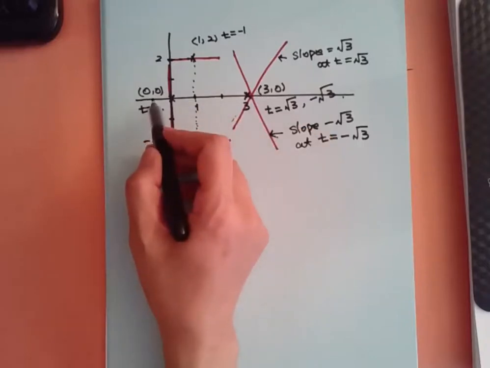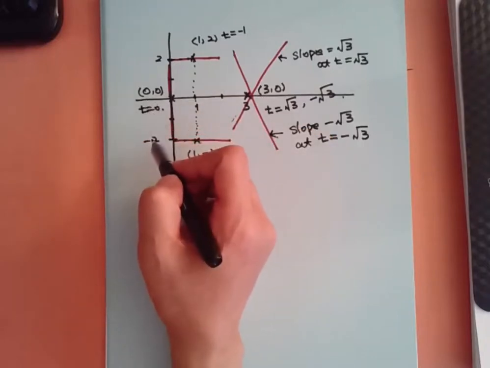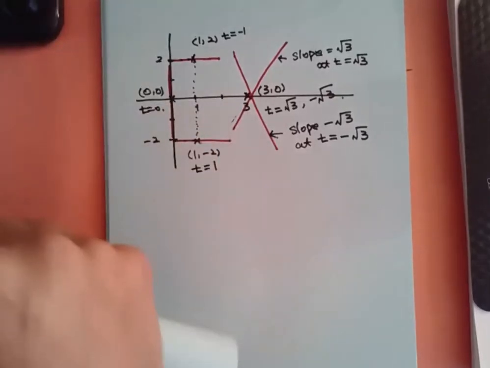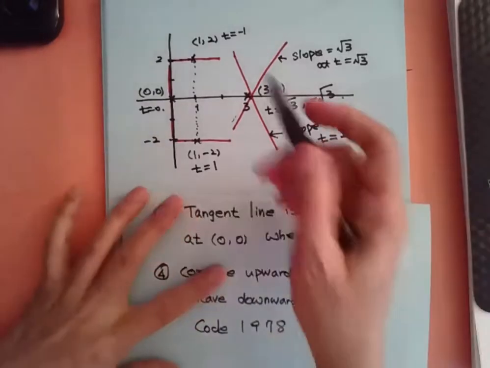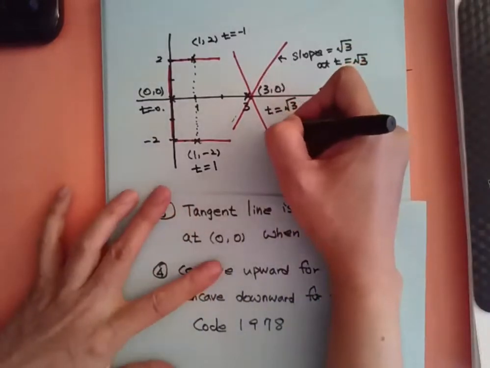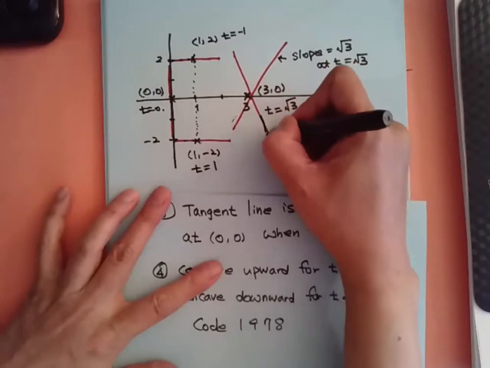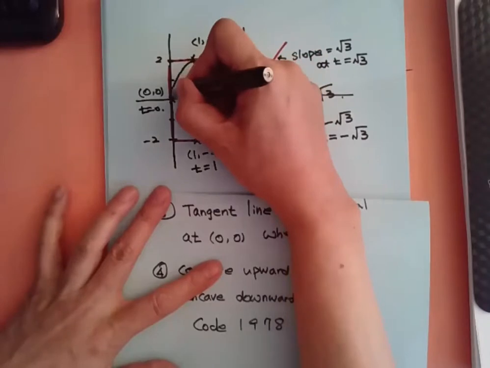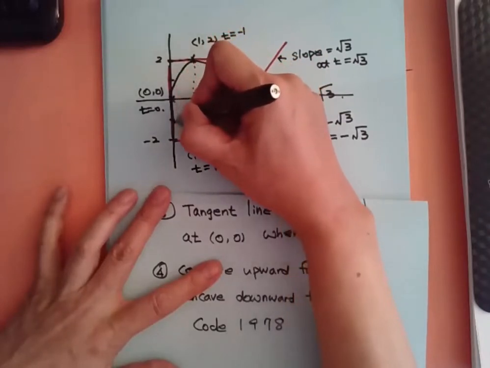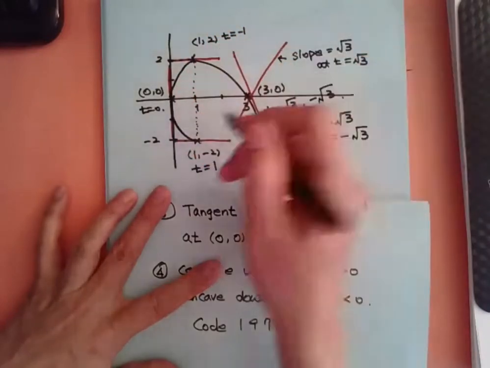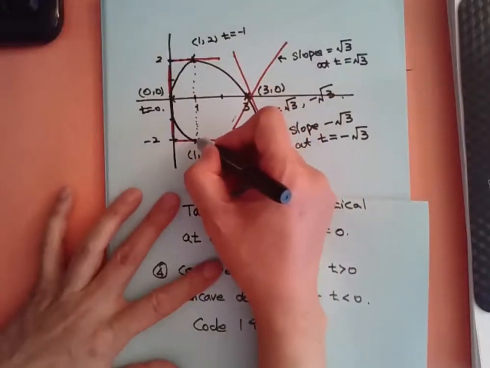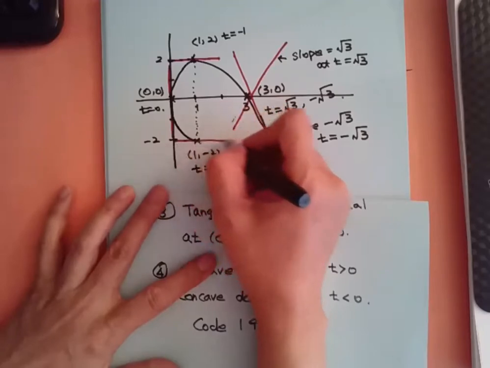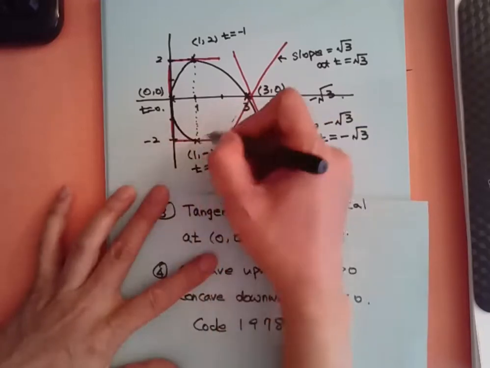Based on the concavity, the curve flows like this and like this, and at those important points, you have to draw it so that the curve is tangential to the tangent lines.